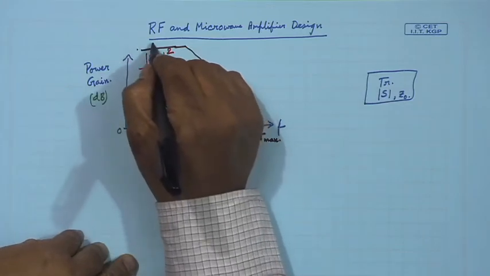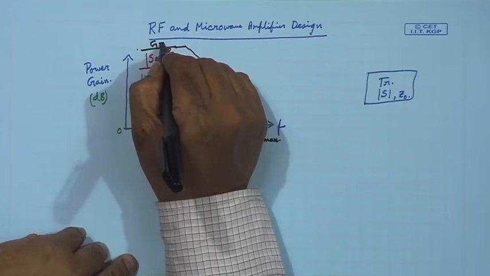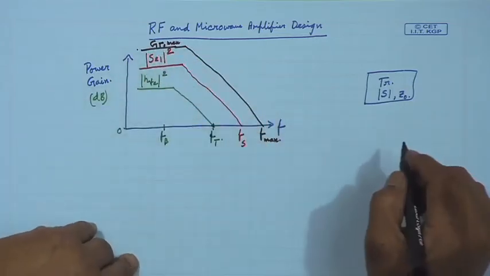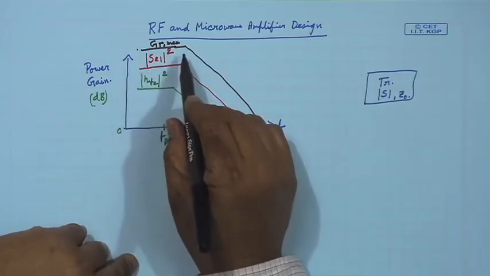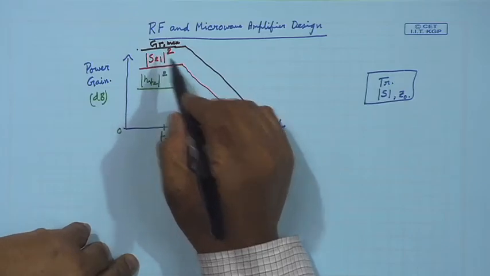Now, this one we give a new name called GT max. This GT is called transducer power gain, and this maximum achievable thing is somewhat higher than S21 square.